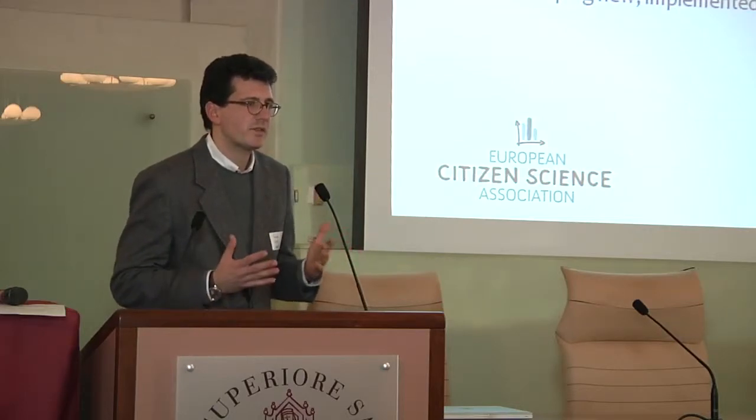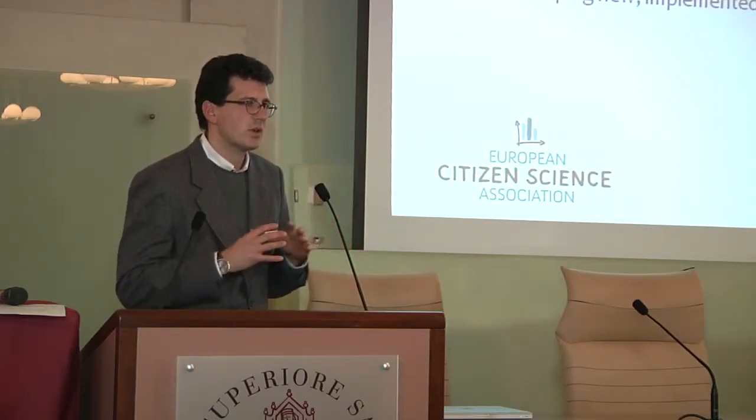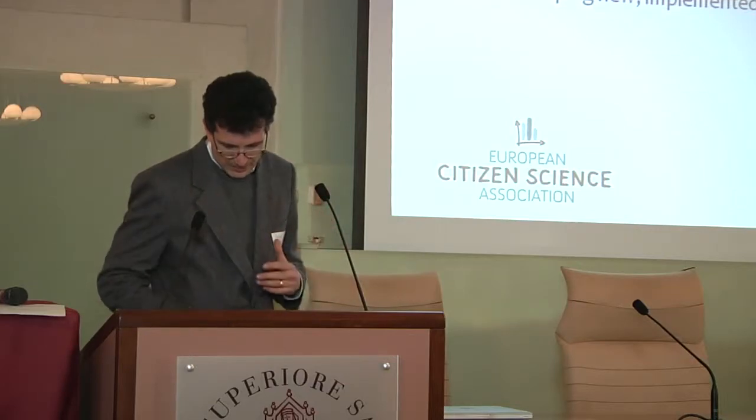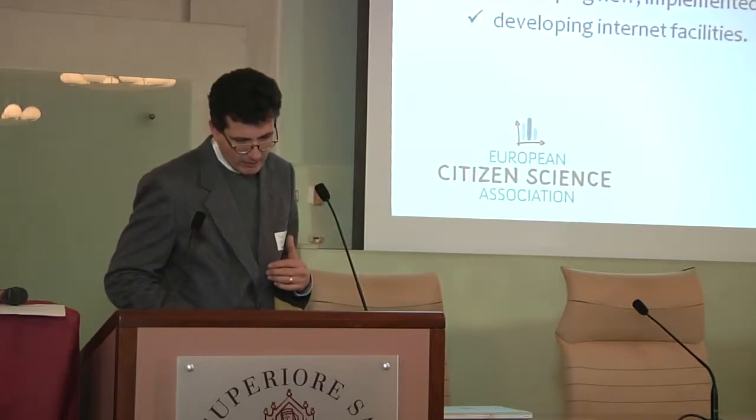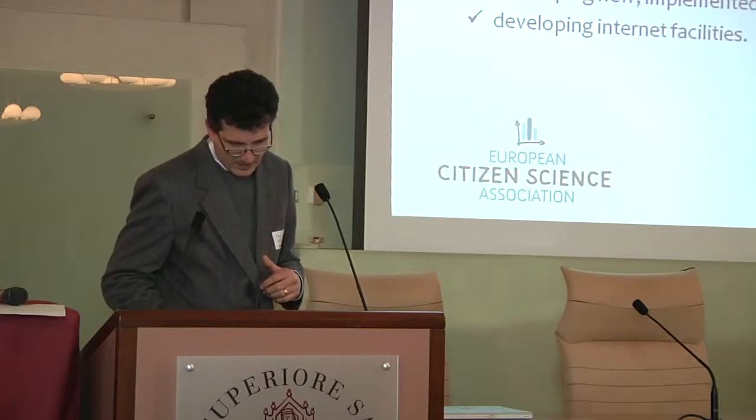Because we have plenty of different apps, we need to put them together to have a common approach, a common question to answer together, and to develop internet facilities. Those are the main questions for the moment.